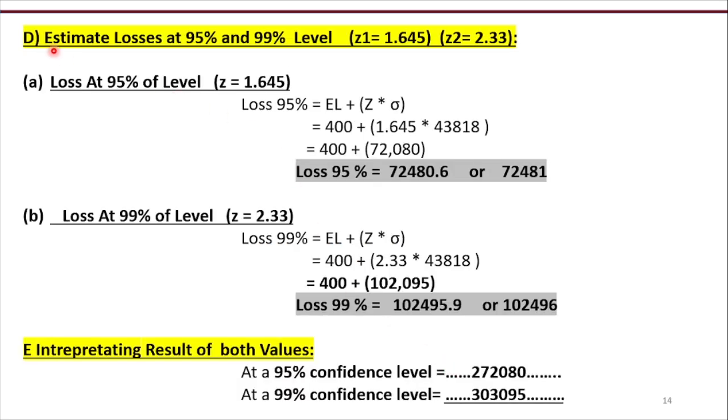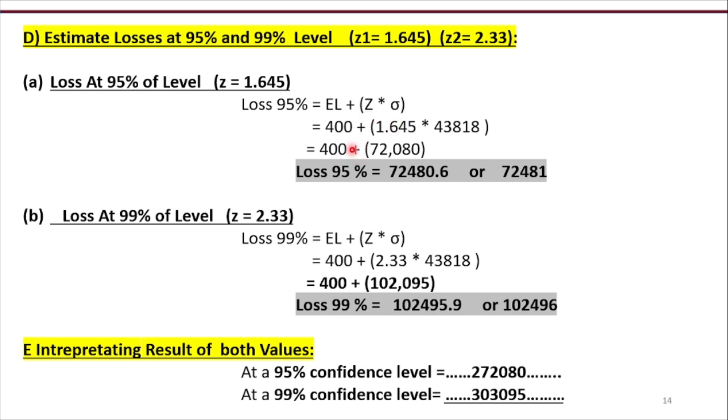Okay, step number D, which is at 95%. We have two parts. In part 1, we're going to find, at 95%, the formula EL plus Z into sigma.